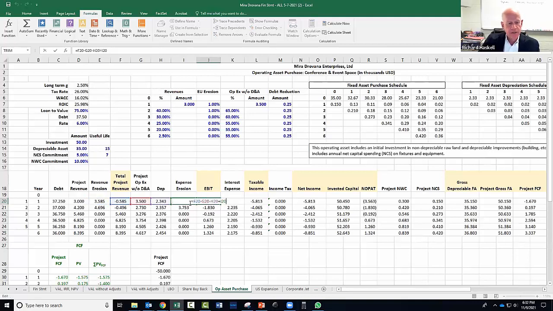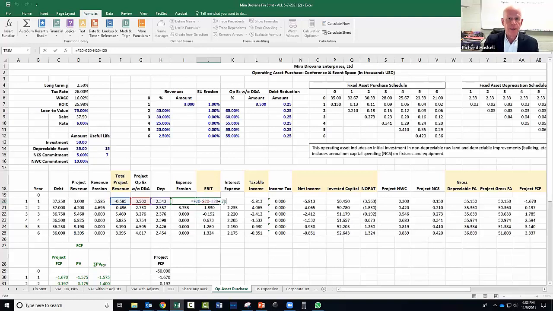And then I can take the sum of all of those from project revenue minus Opex of the project, without depreciation, then subtract depreciation, and then notice that I'm adding the revenue erosion. Well, revenue erosion was a deduction when I looked at total revenue, but now I'm adding it because removal of an expense is an improvement on EBIT, not a reduction of EBIT.